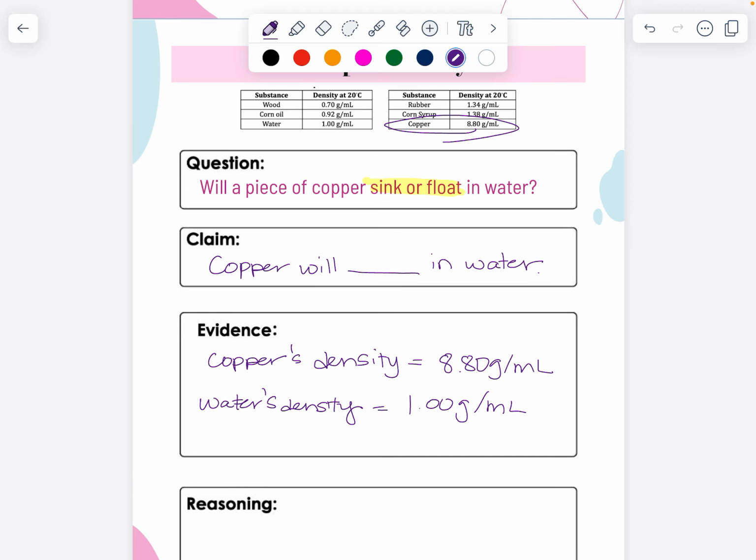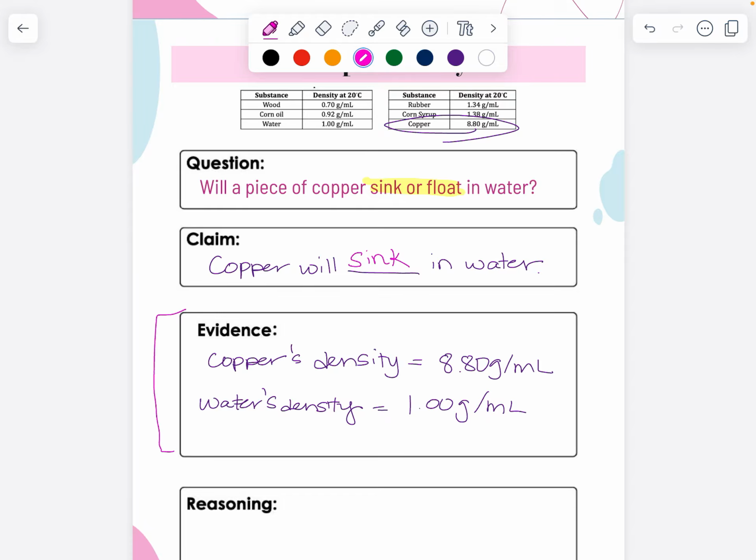So now as I look at those, if water is what it is floating in, copper has a higher density. So we know that if something has a higher density than the liquid it's in, it will sink. So my claim is that copper is going to sink in water.